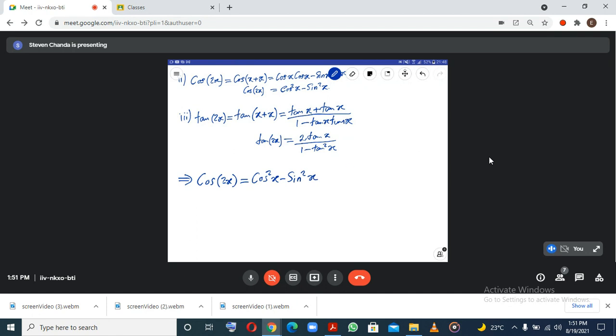So we know from this identity. So what you do is, let's make sin squared x the subject of the formula.